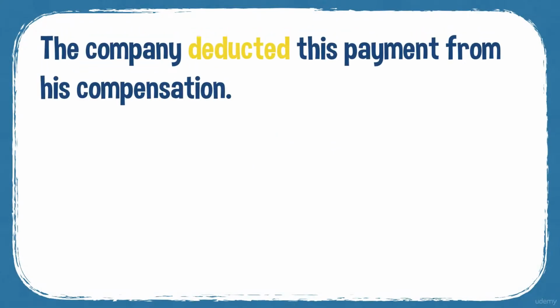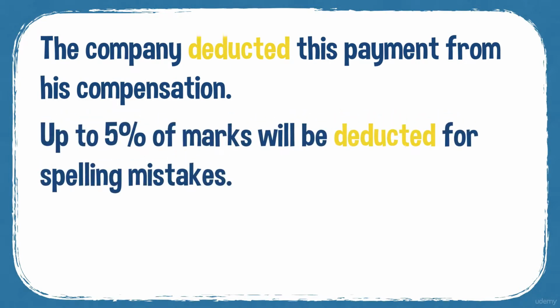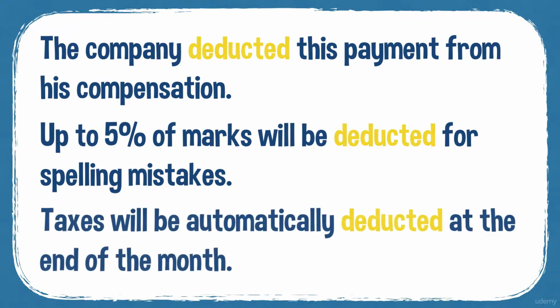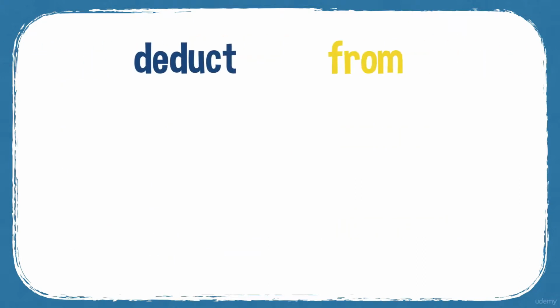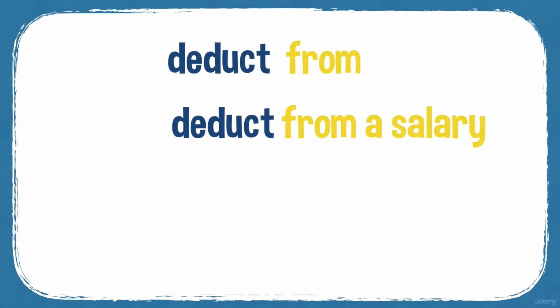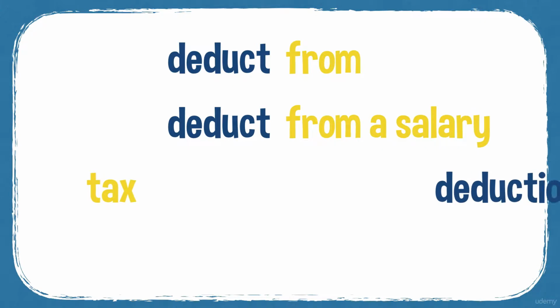So, for example, the company deducted this payment from his compensation. Up to 5% of marks will be deducted for spelling mistakes. Taxes will be automatically deducted at the end of the month. So you can deduct from a salary, for example.